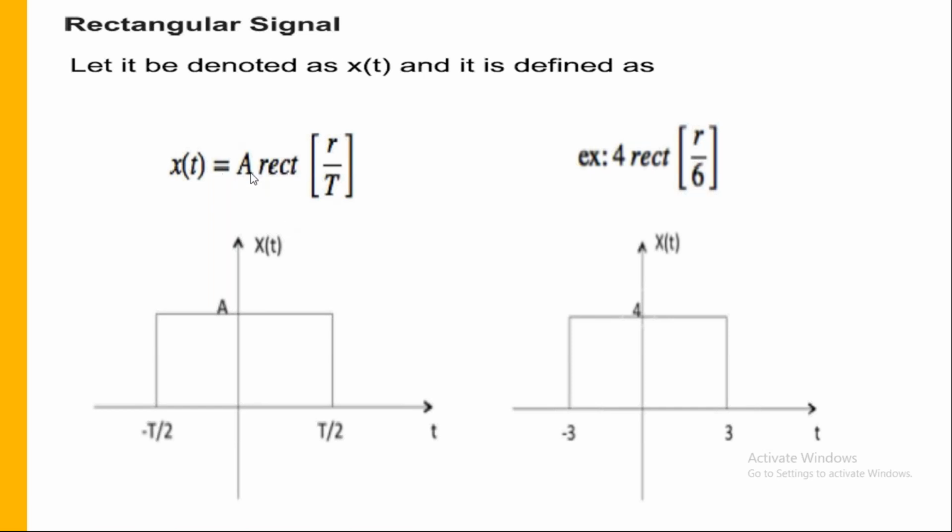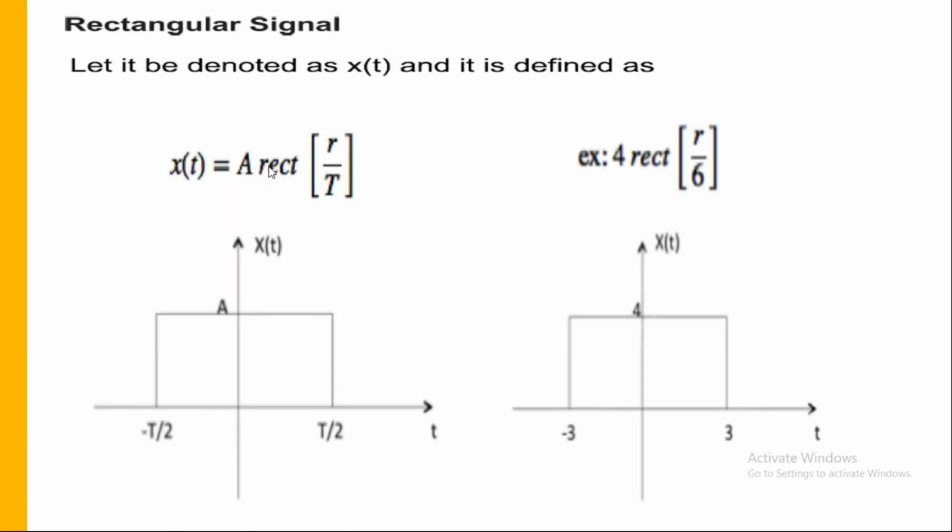Here, this capital A represents the amplitude of the rectangular function, and the capital T represents the period of the rectangular function, and here t is the variable associated along the x-axis.